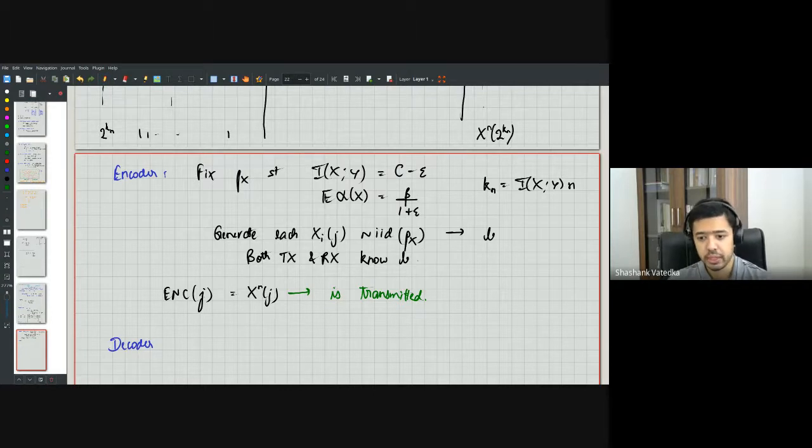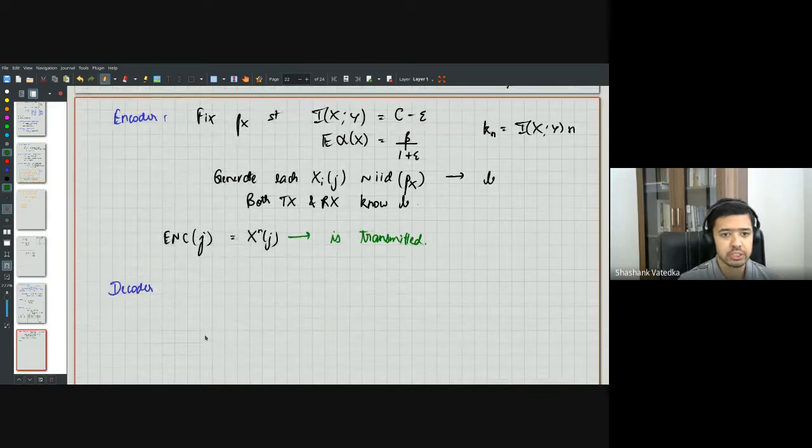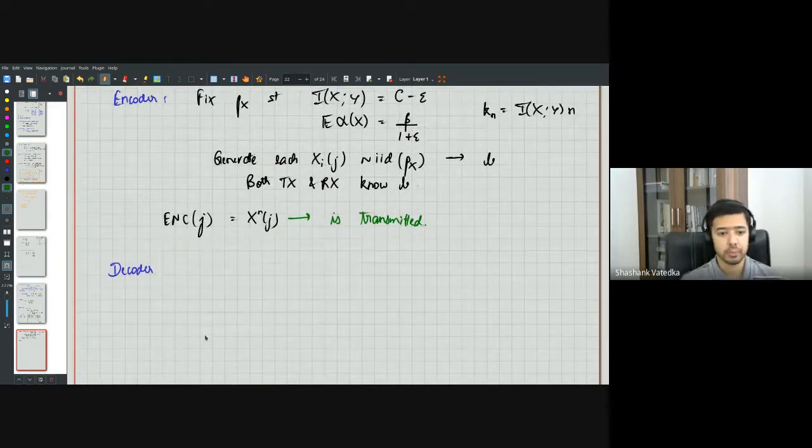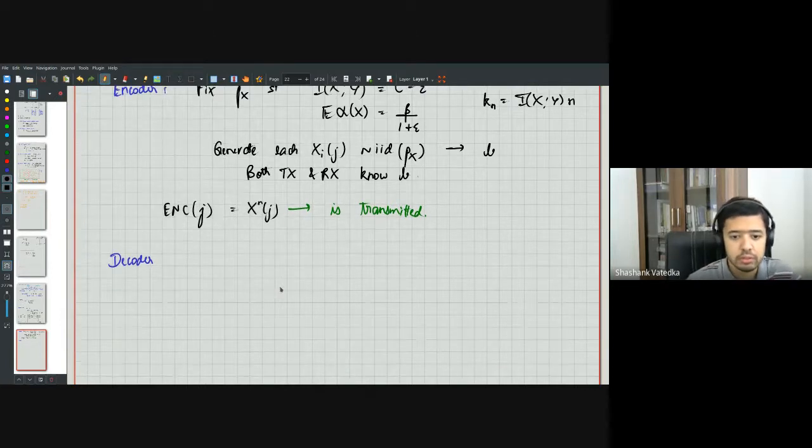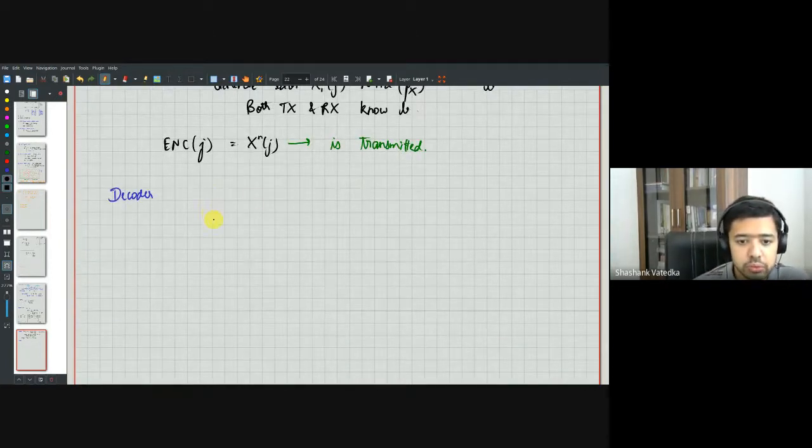Yeah. So this is what the encoder does. Now let's see what the decoder does. As I mentioned, we'll analyze the typical set decoder. So what does the decoder do?